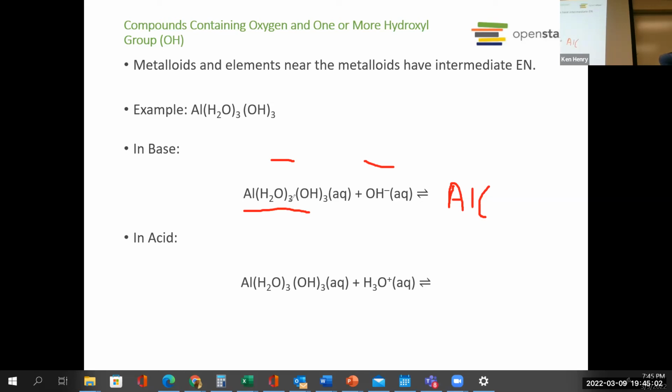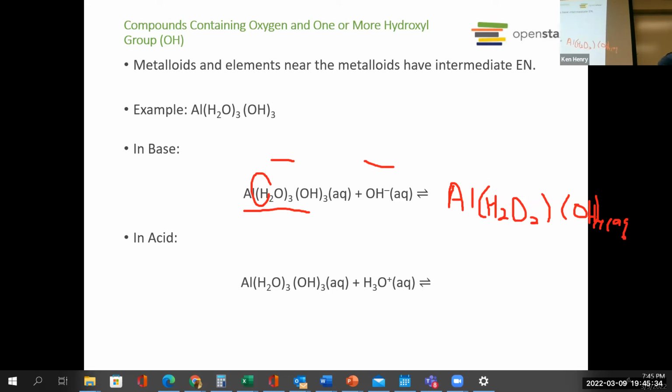Okay, you're saying H2O3. You would actually take it up from here. So then you'd have H2O2 and OH4.